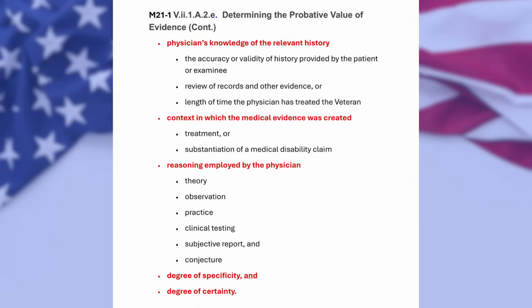Reasoning, theory, observation, clinical testing, okay? So think about this. I know a lot of veterans went to the VA's website, downloaded the public DBQ, took it to their private examiner, decided to go to the CNP exam, and there's a negative opinion. Your doctor provided a positive opinion.